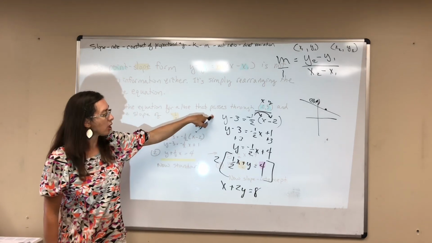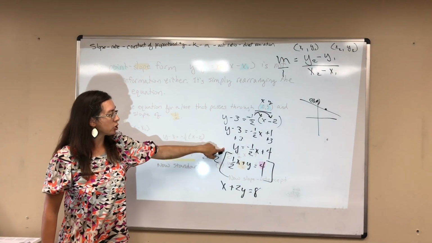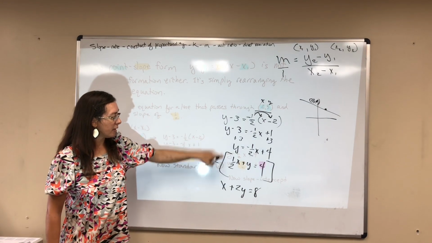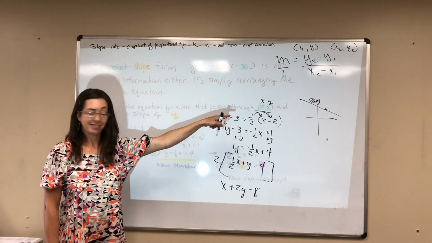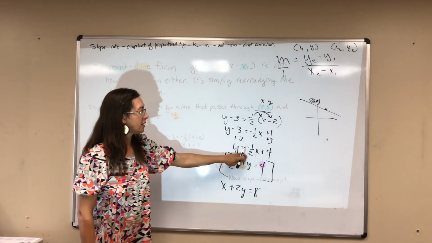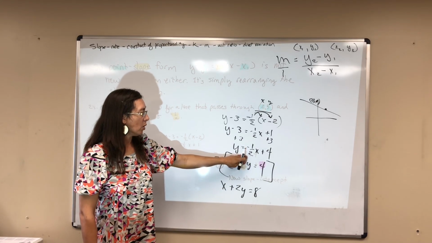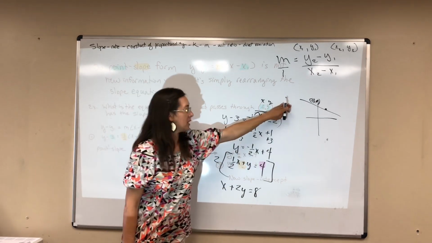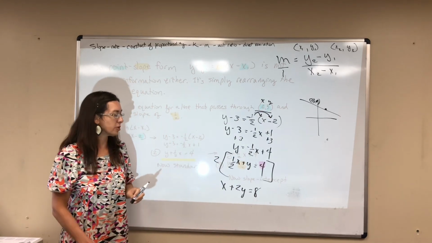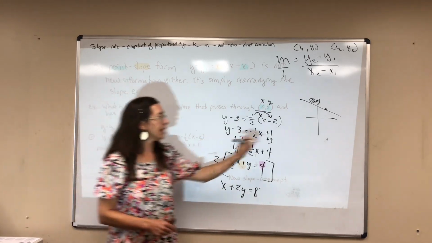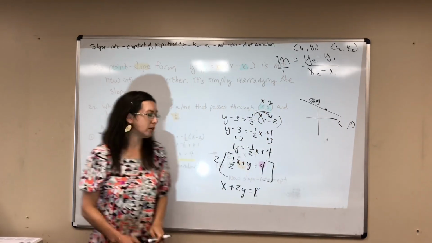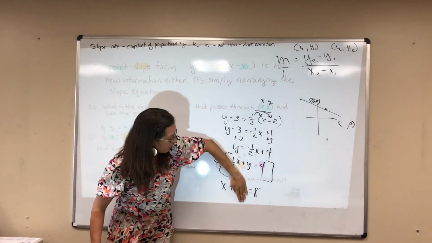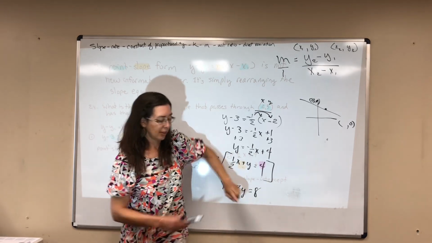Point slope form, slope intercept form, standard form. Same line. Slope is -1/2. Y-intercept is (0, 4). What is our x-intercept? The x-intercept answers the question when y equals 0. When y equals 0, x equals 8.